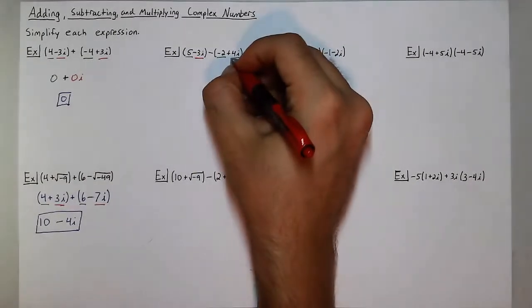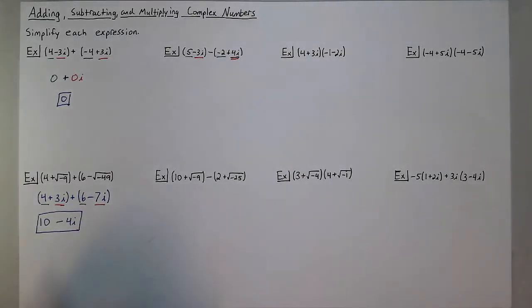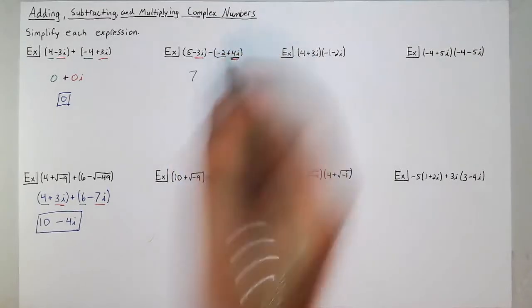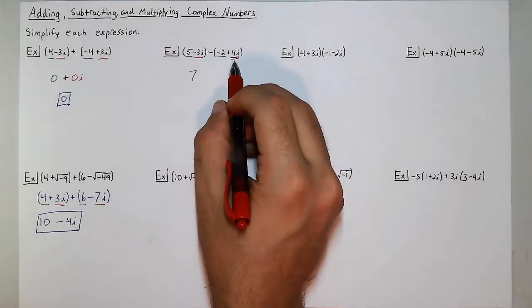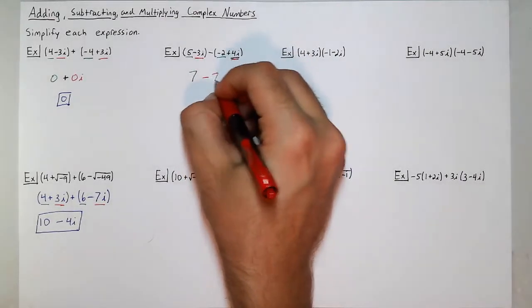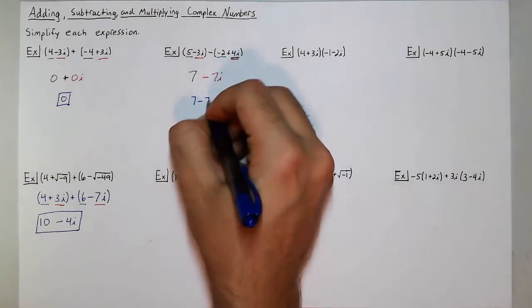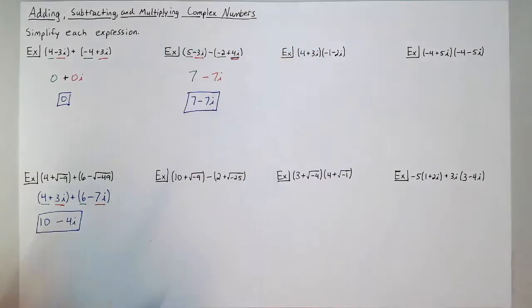Make sure that's a red underline. 5 minus -2 would be 5 plus 2, which would give me 7. And then -3i minus -4i would be -7i. So altogether, that is just 7 minus 7i. And that is the complex number I get when I subtract those two.